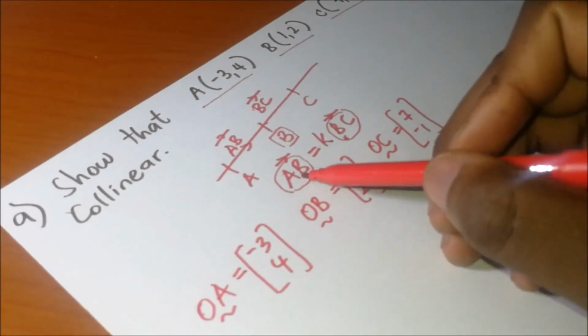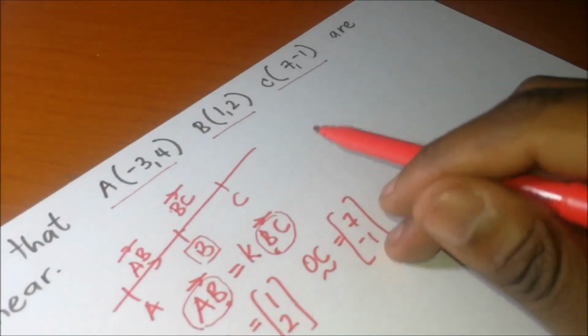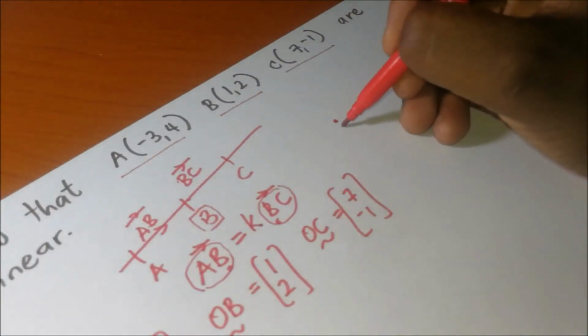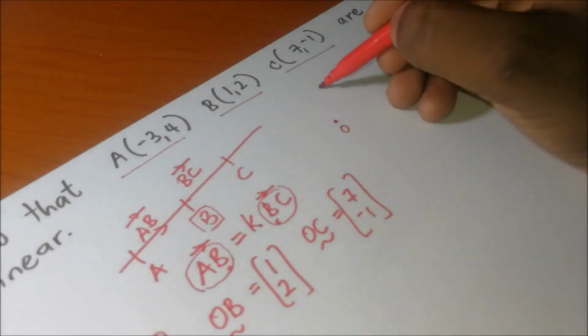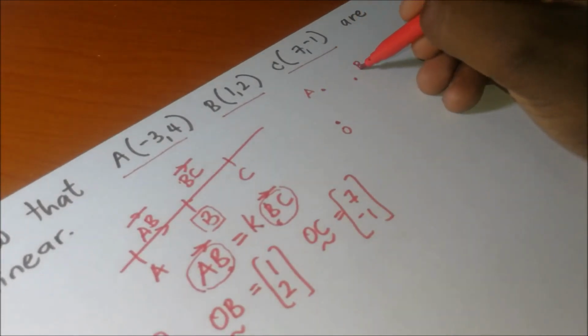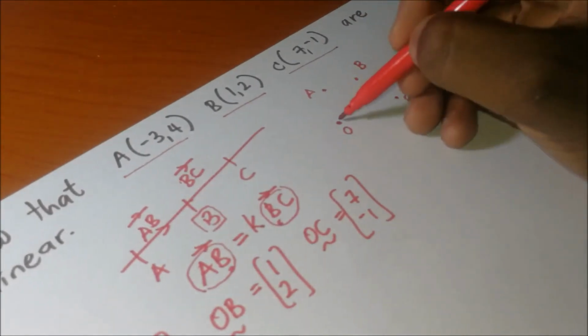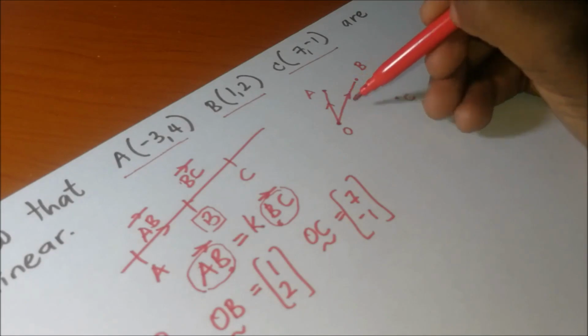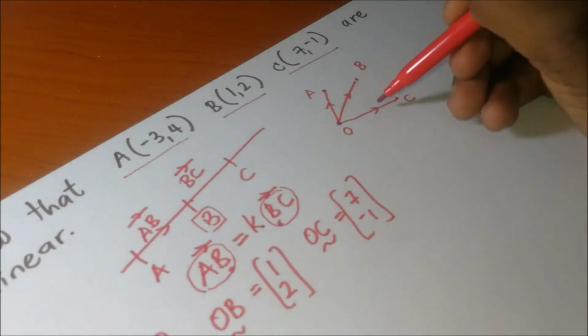Now for us to find AB, let me do this diagrammatically. We have our origin O here. We have point A, we have point B, and we have point C. So we have OA, we have OB, we have OC.